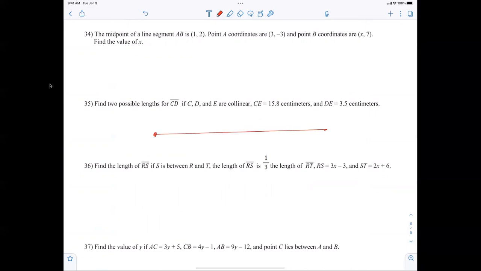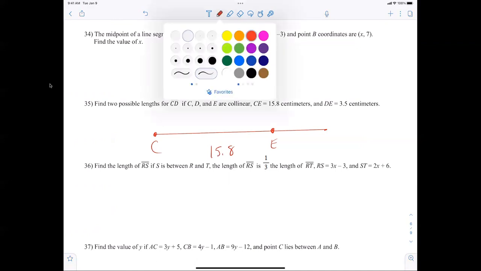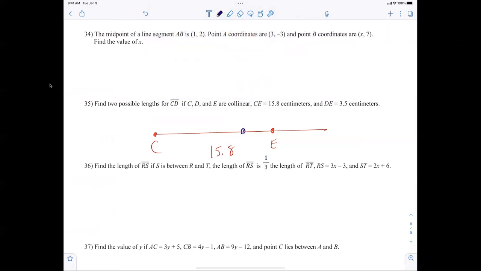So if I put CE and I say that's 15.8, and then DE is 3.5, does it say where D belongs? No. So that's why it's hard. I can put D right here, or where else could I put it?